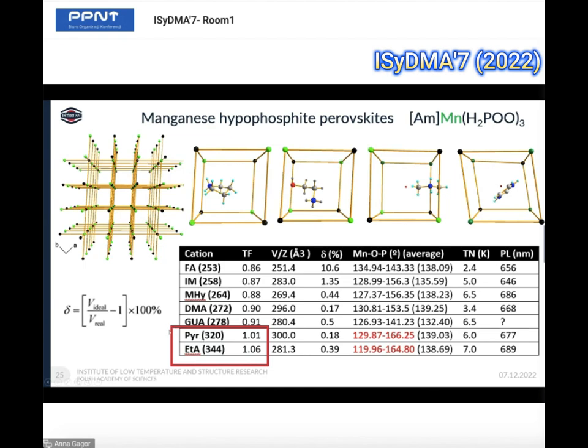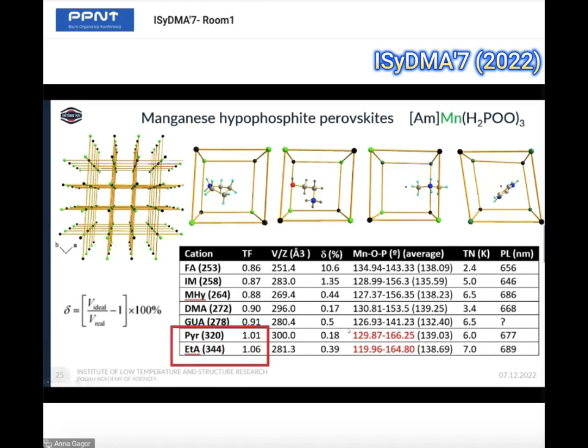We synthesized new materials with pyrrolidinium and ethylammonium, and it occurred that the tolerance factors for these molecules are actually too large, too high to produce the perovskite structure, but it was possible to synthesize this material because of the flexibility of these OPO bonds.